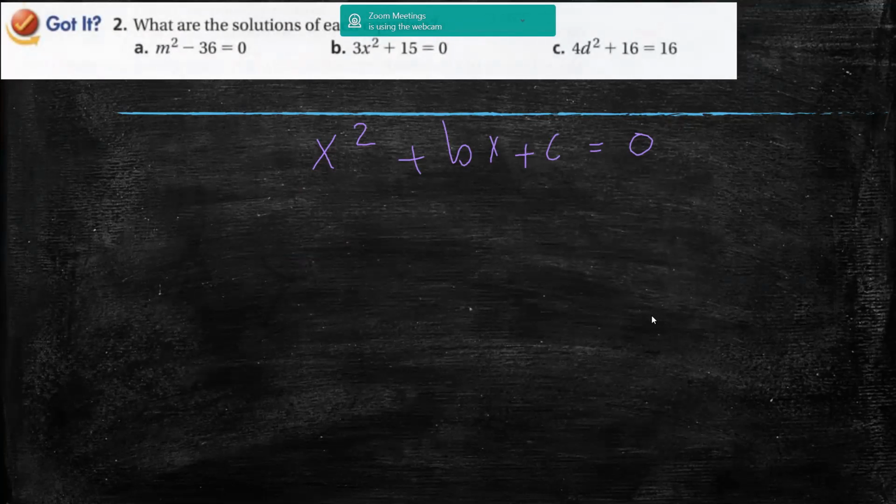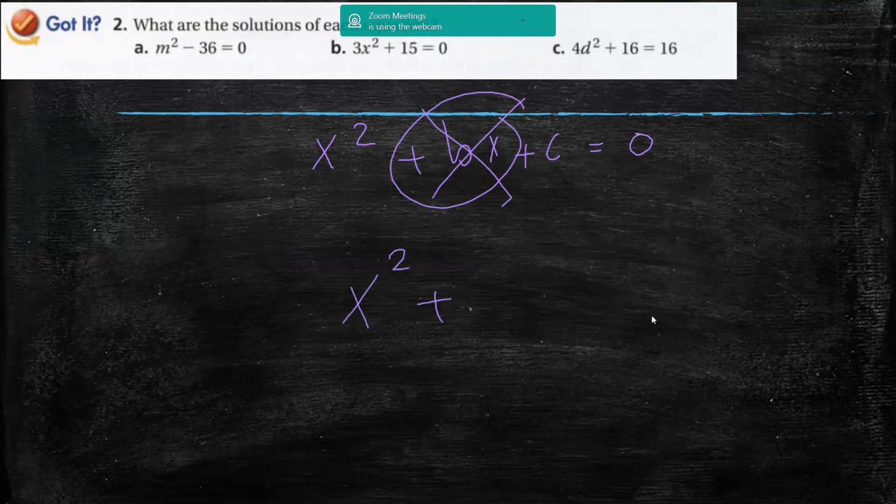In this lesson, we learn how to find the solution of this equation if there's no bx, if it is only x squared plus c. Next lesson, we will learn what to do if there's a variable b, and how we can solve the equation.